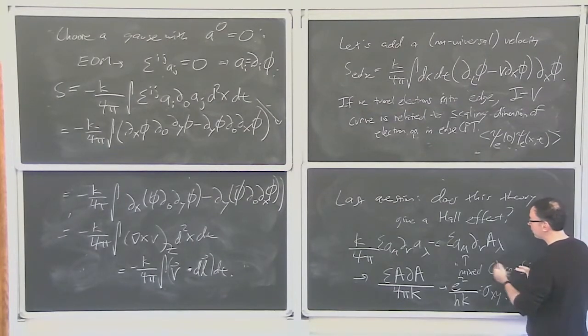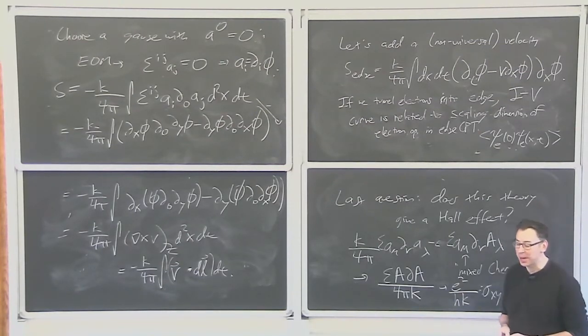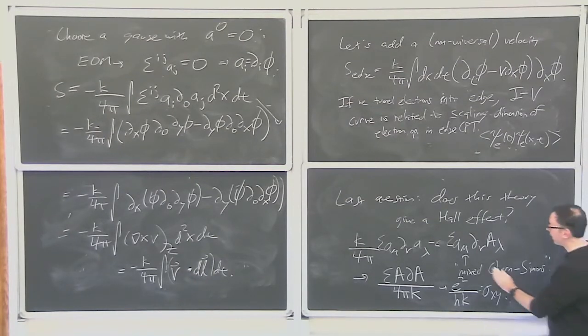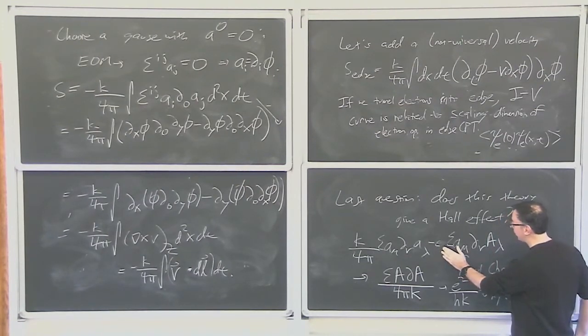The other option would be to have the derivative there instead of here, but that's actually just a minus sign difference through an integration by parts. So at least by power counting, this is the easiest way to couple to electromagnetism. If you want, to figure out what the constant is, you need more information. You need to specify something about the charge of the quasi-particles.